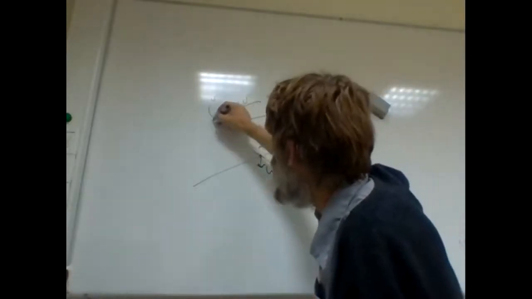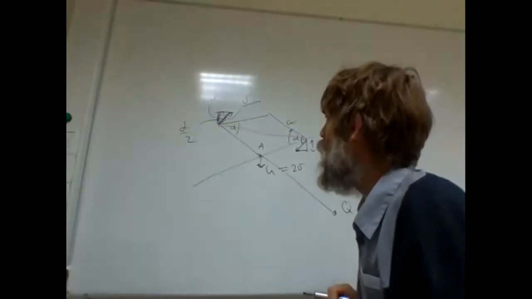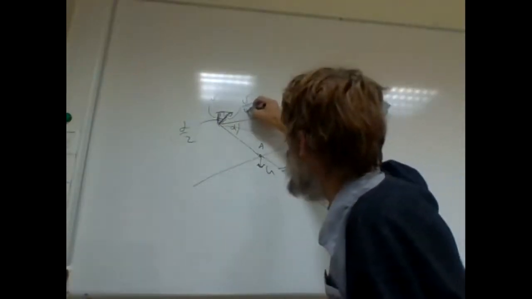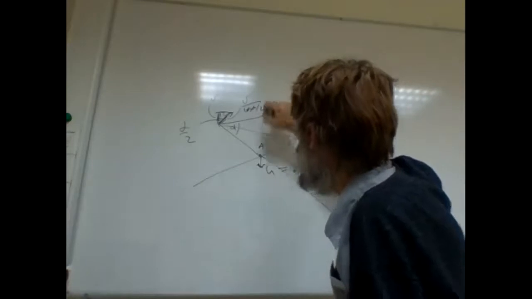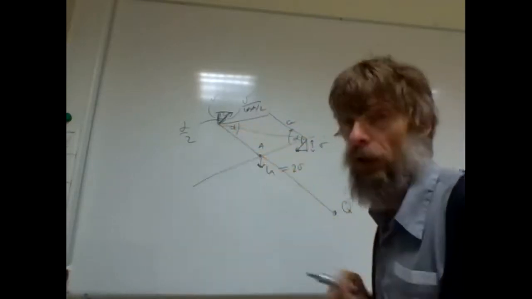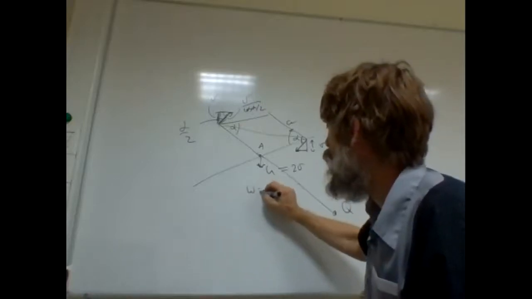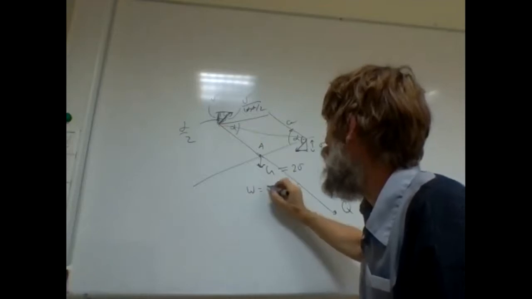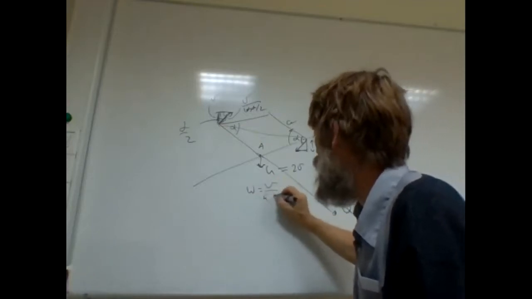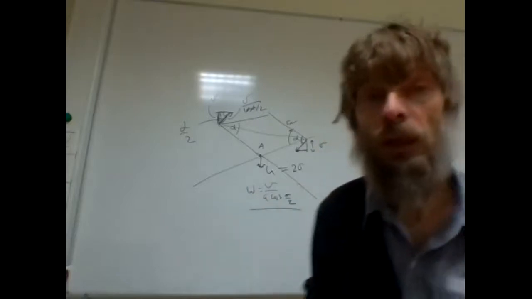It was alpha over 2, right? Alpha over 2, and so v divided by cosine of alpha over 2. This is the speed of this point here in the frame of A. So the angular speed omega would be v divided by a times cosine of alpha over 2. Would you agree with that?